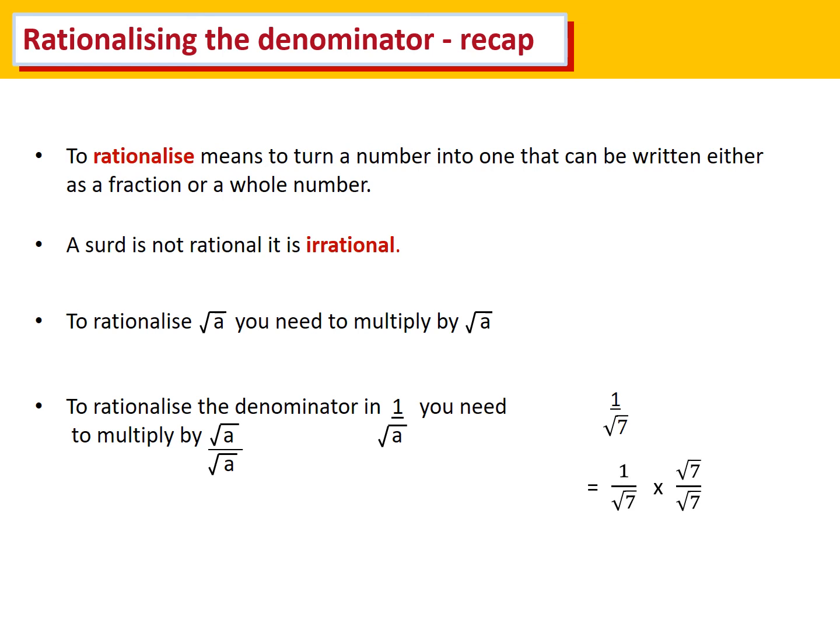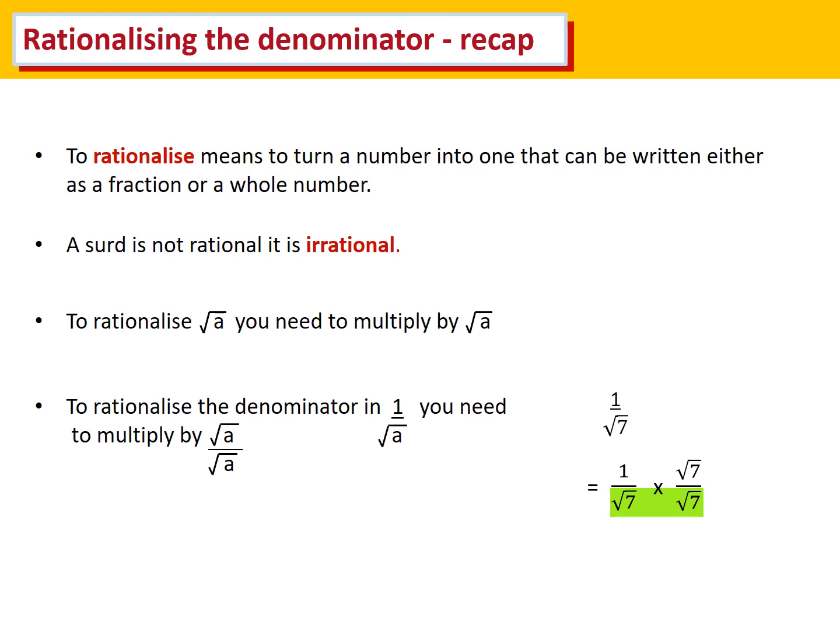And we do that because root 7 divided by root 7 is 1, so we're not changing the value. And when we multiply two fractions, the two denominators get multiplied together, and root 7 times root 7 is root 49, which is 7. So it changes from being irrational to rational.